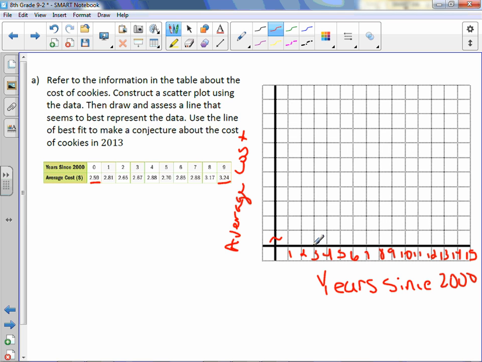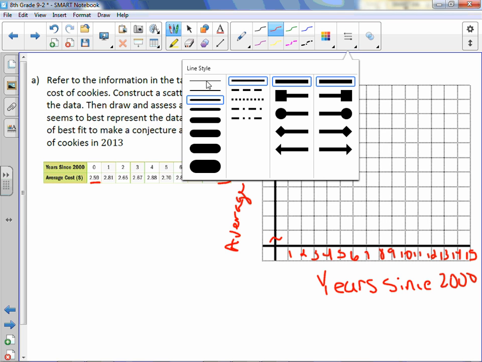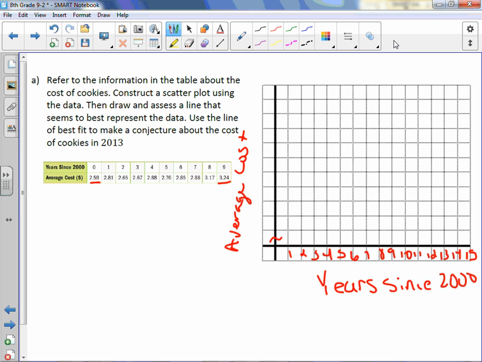So we would start with 2.5, 2.6, 2.7, 2.8, 2.9, 3.0, 3.1, 3.2, 3.3, 3.4, and 3.5.